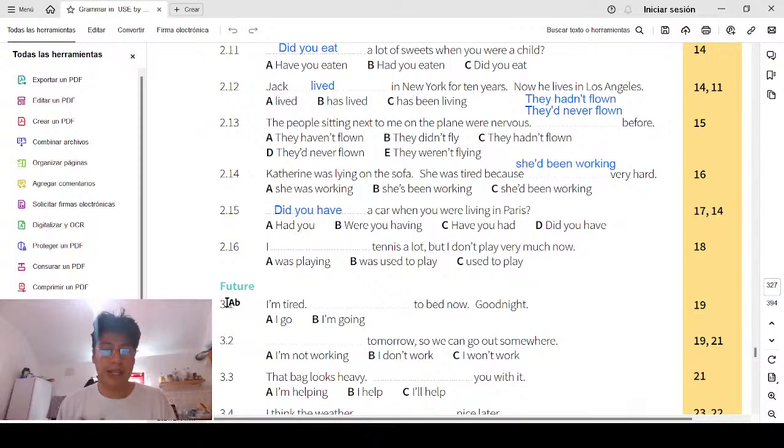So next one. I was playing tennis a lot, but I don't play very much now. Or I was used to play tennis a lot, but I don't play very much now. Or I used to play tennis a lot, but I don't play very much now.